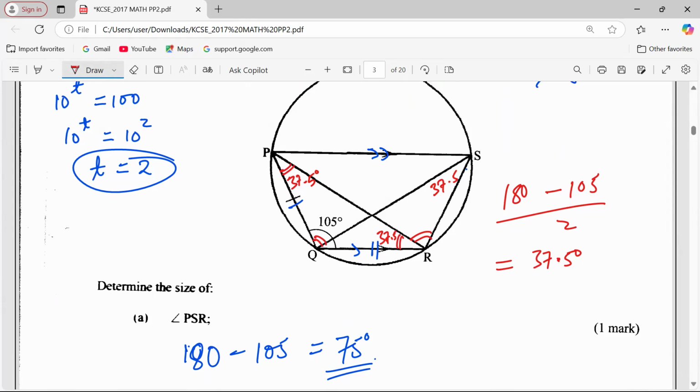Meaning that this is also 37.5, because the total was exactly 75. With that, now we can use triangle PQS.